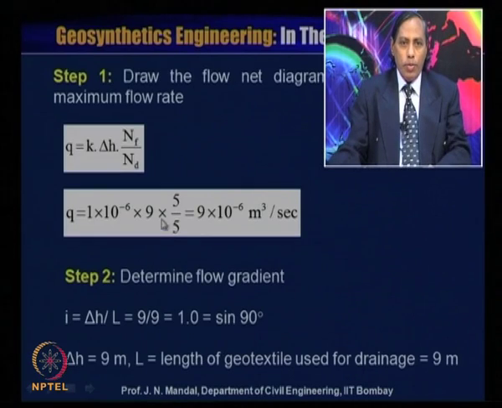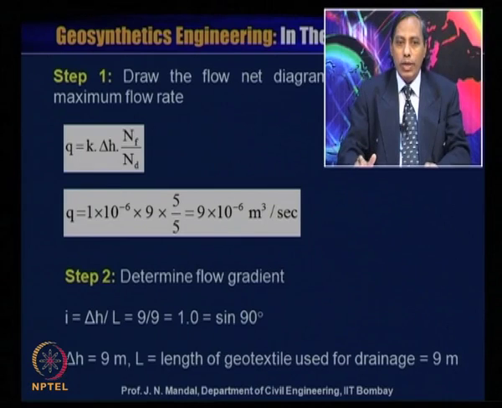So, we put NF by ND is equal to 1. If you calculate, you get Q is equal to 9 into 10 to the power minus 6 meter cube per second.